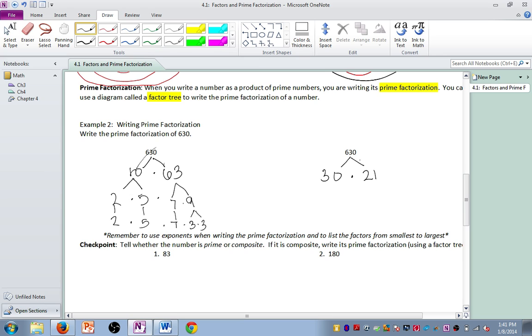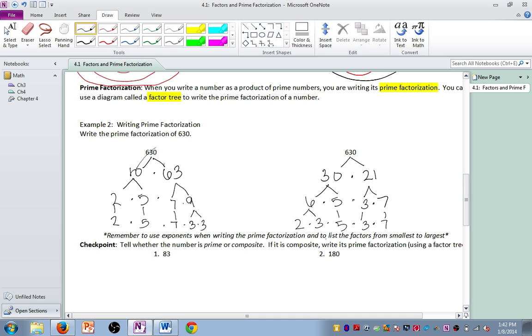If I wanted to branch 30 off, I get 6 times 5, and 21 would be 3 times 7. 6 can still be broken down to 2 times 3. 5 is prime, 3 is prime, 7 is prime. When I look at both of these rows, no matter which way I took to get to the end, I end up with the same prime numbers.